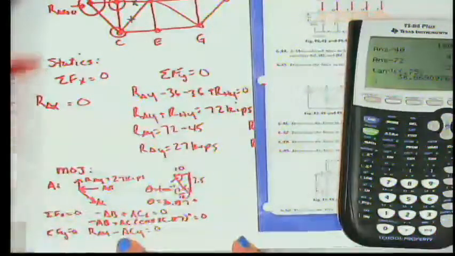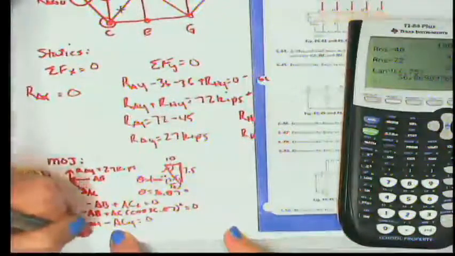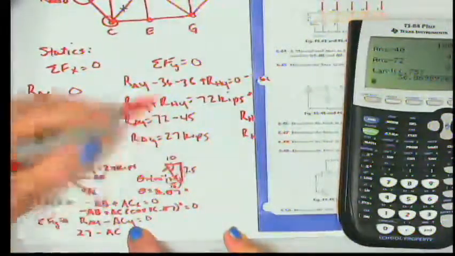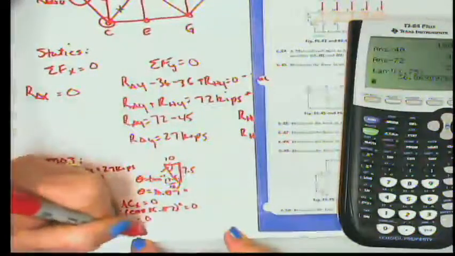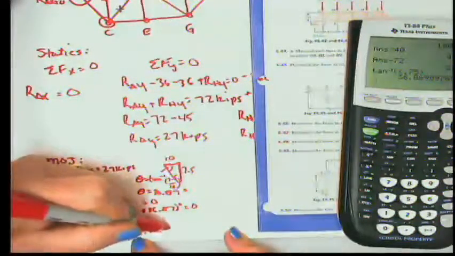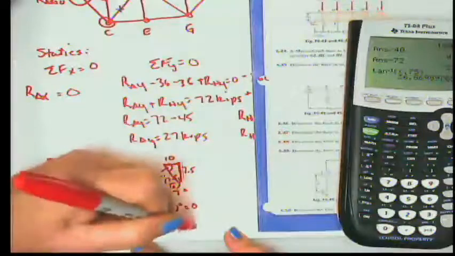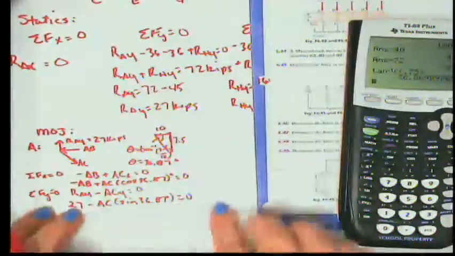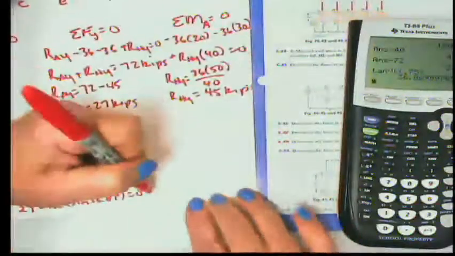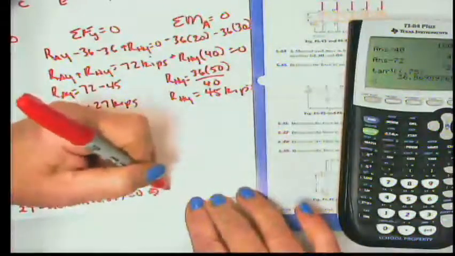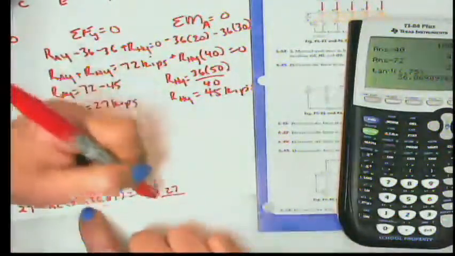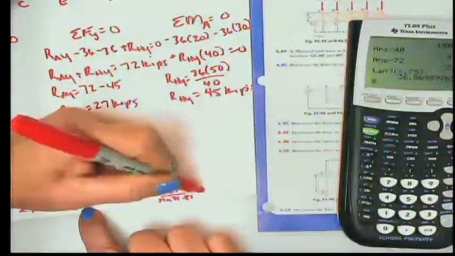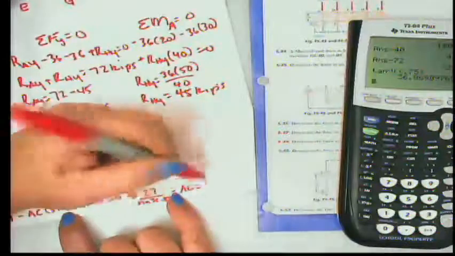And here I actually know the value of RAY, which is 27 kips, minus AC, now in the Y direction, it's going to be times the sine of 36.87 degrees equals 0. So what that means is from my Y equation, I can solve directly for the force in AC. So 27 divided by the sine of 36.87 degrees is equal to AC.